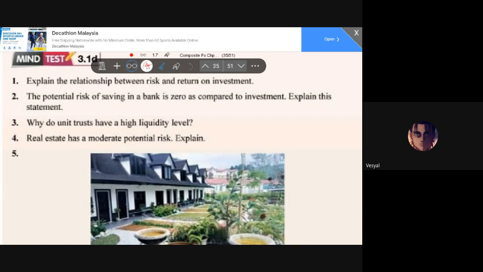So Vishal's point actually hit the point a lot. More risk means you're going to get more ROI, because if you have more risk, most likely your total return is going to increase as well. So if total return is high, ROI is high. That's the concept. So number 1, that's the point only, nothing else. So you can do number 3 already.